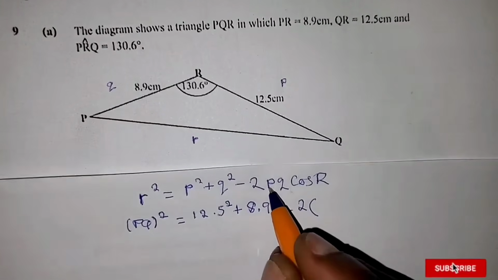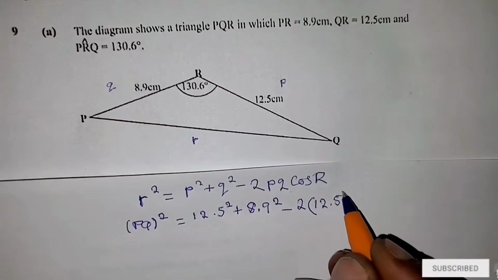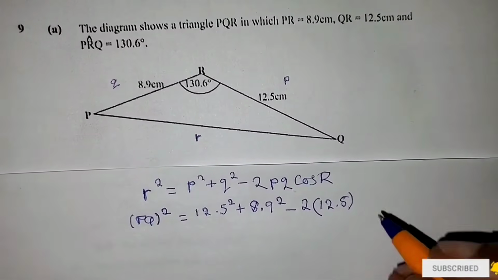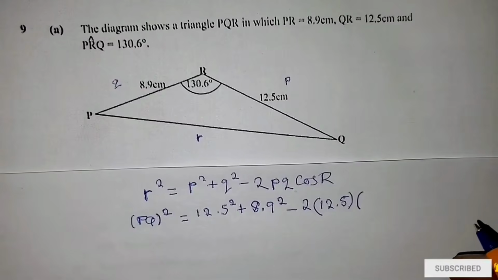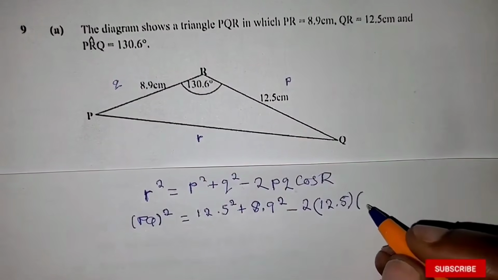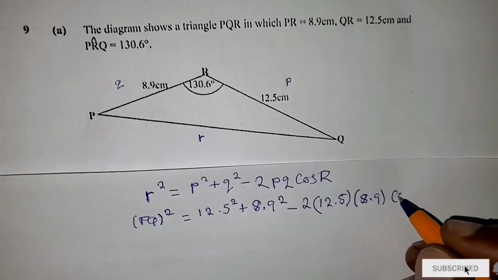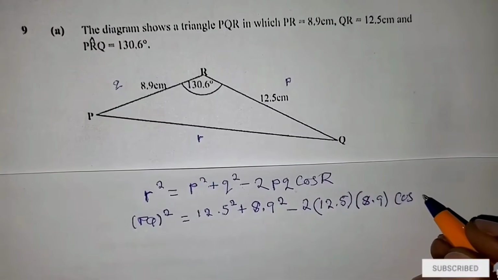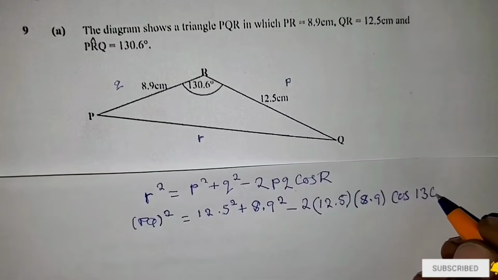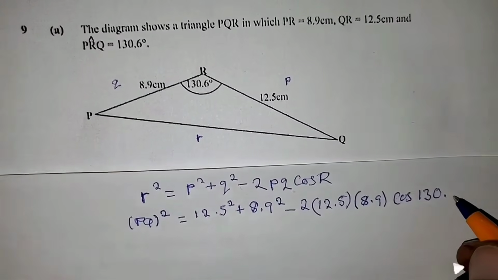Open bracket, p is 12.5 this time without a square, open bracket, q is 8.9, cos R, the angle there, which is 130.6.